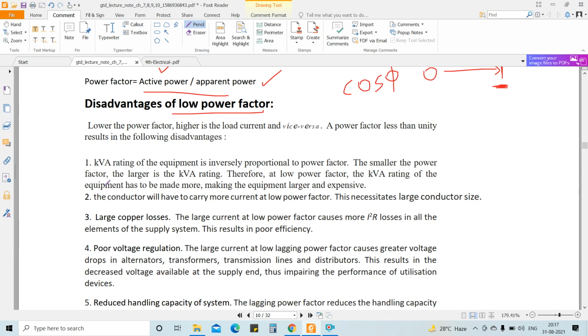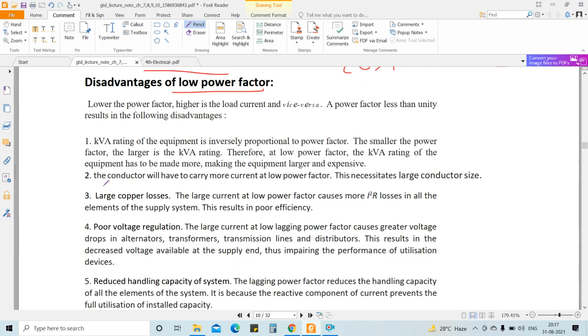So when there is low power factor, what are the disadvantages? The KVA rating of the equipment is inversely proportional to power factor. That means if power factor is low, then KVA rating should be higher. The smaller the power factor, the larger the KVA rating.